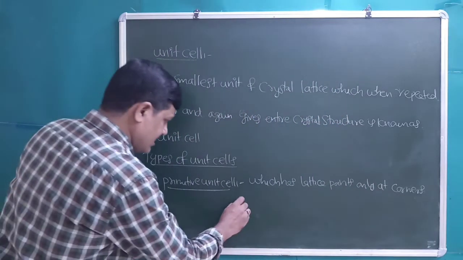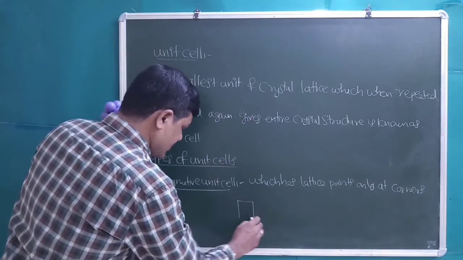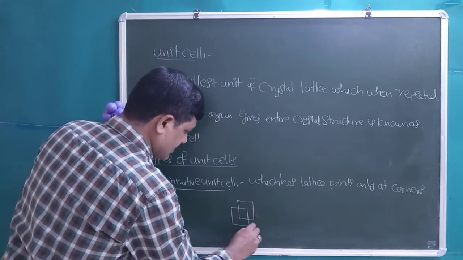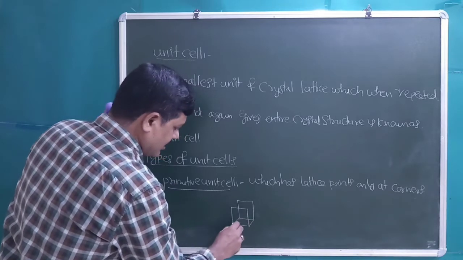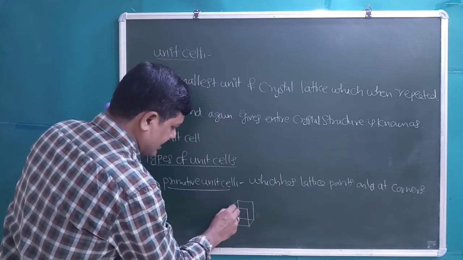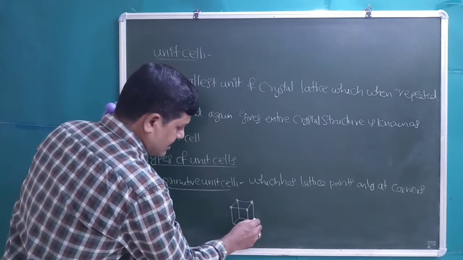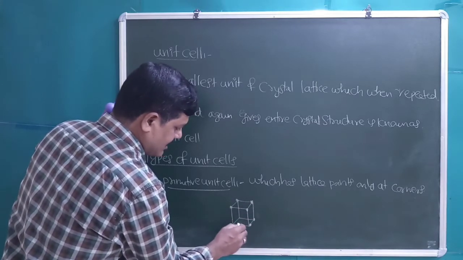For example, in a cubic primitive unit cell, all the corners are occupied with atoms. Then it is called a primitive unit cell.